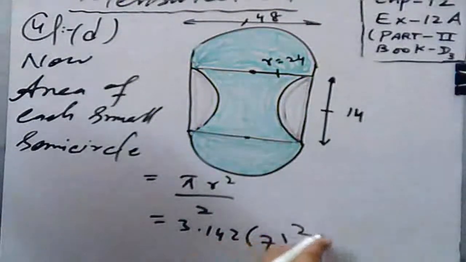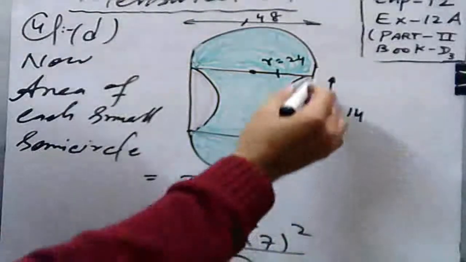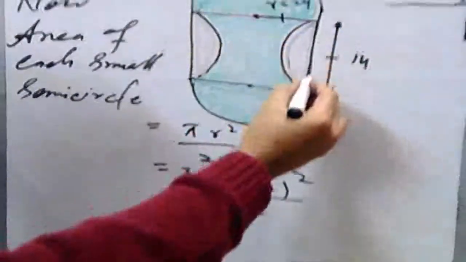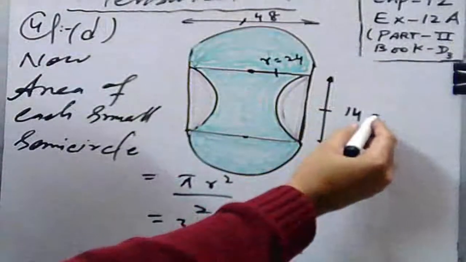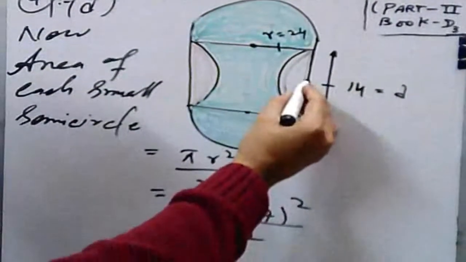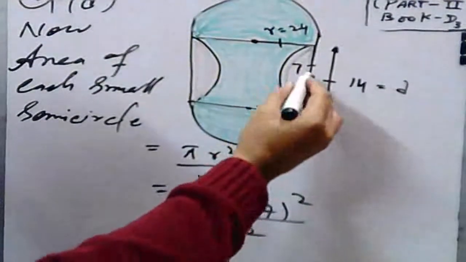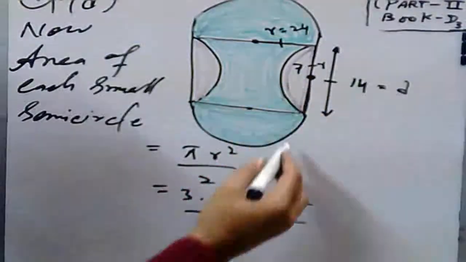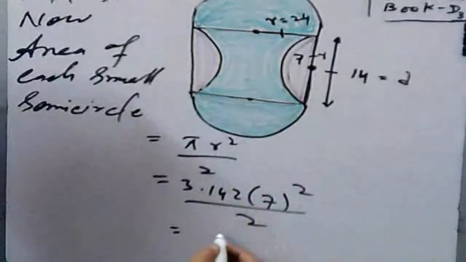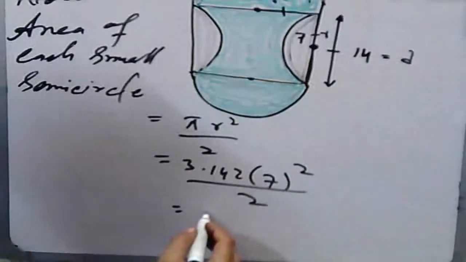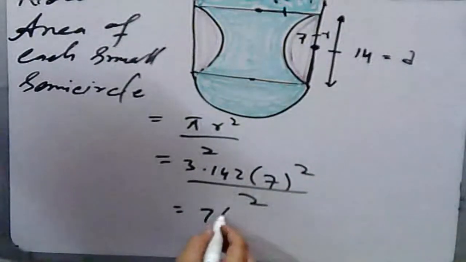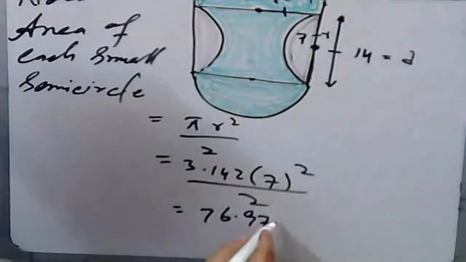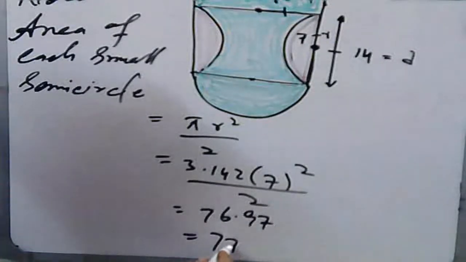We use 7 because here 14 is your diameter, but we need the radius, which is 7, so that's why we put 7 here. After simplification you will get 76.97, and after rounding you will get 77 centimeters square.